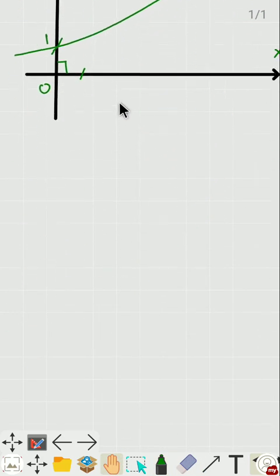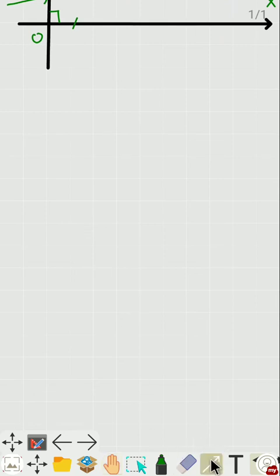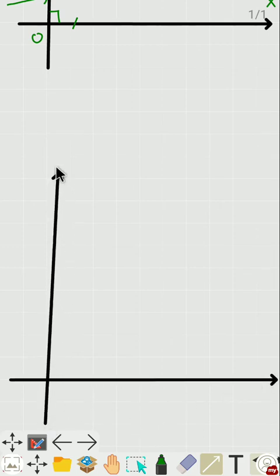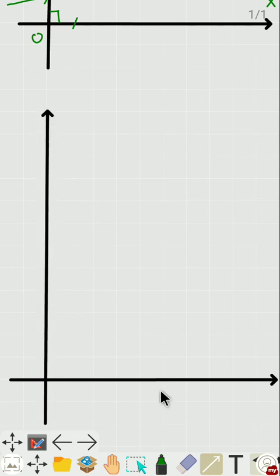Now let us draw the next graph, of the function a raised to the power x. Again we draw the x-axis and the y-axis, both perpendicular to each other, with the cross point at the origin, and we draw the graph of a raised to the power x like this.